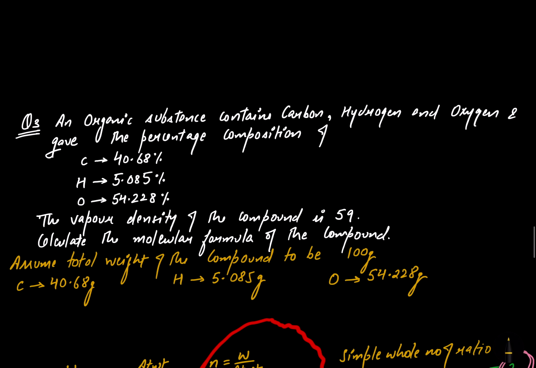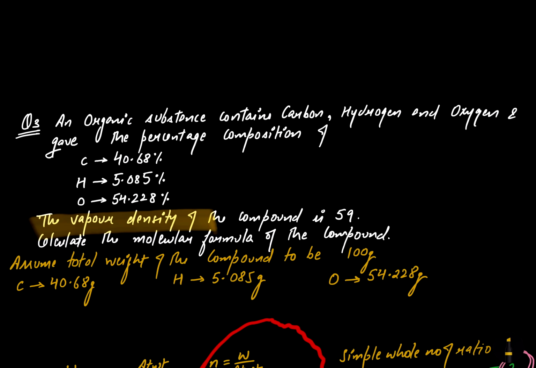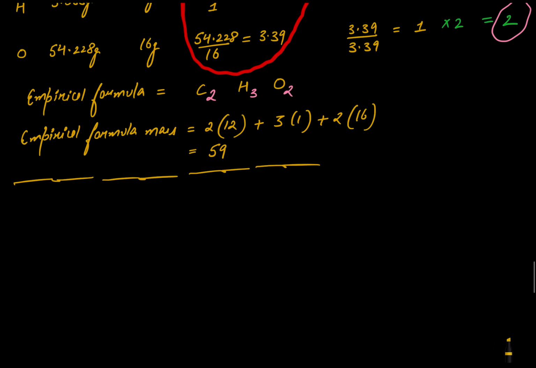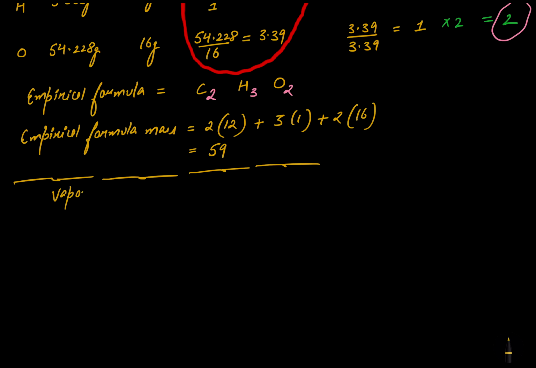Now let's get back to the question. Here what it's saying: the vapor density of the compound is 59. Calculate the molecular formula. Now let's use this vapor density. Vapor density is 59. What's the formula for vapor density?